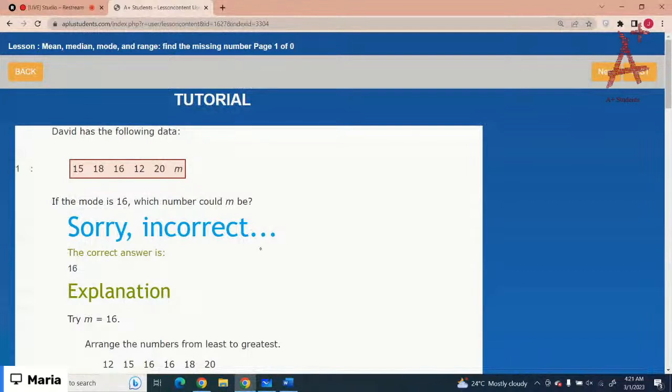But here 16 appears just once. That means the missing number is also 16. If the missing number is 16, the mode of the data is 16. So the missing number is 16. Got it?